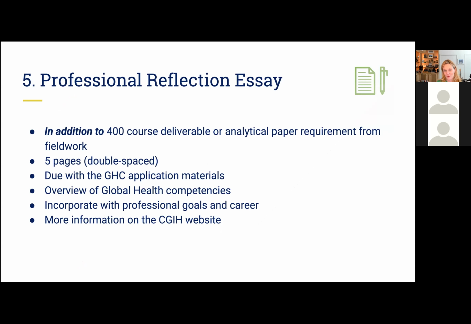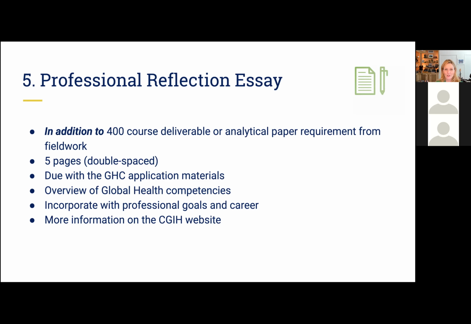Okay, so the next requirement for the certificate is this professional reflection essay. In addition to your 400 project, or what the requirement just for your field work, this essay that you have to do, either through a 596 or 597 or the 400 course.